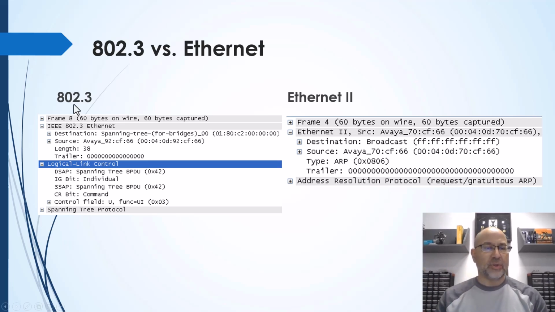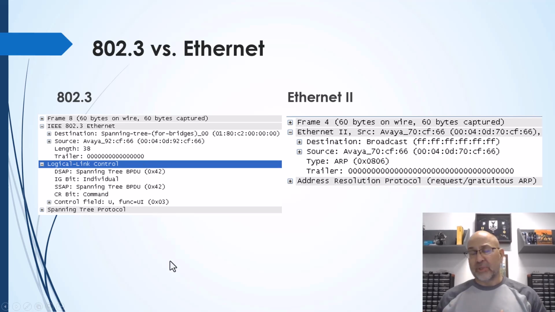So if we look at 802.3, we've got this length field in here, but I don't know what I'm carrying. I don't know what's encapsulated. So we now have to have an 802.2 or logical link control header, which tells us what's going on. Now Ethernet type 2 is the exact opposite.